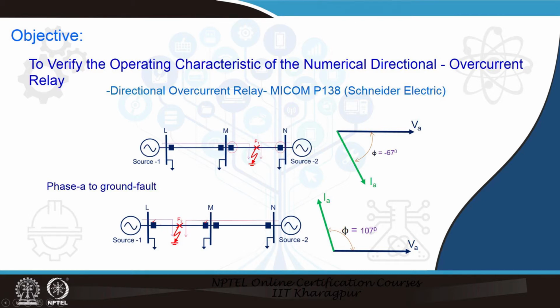Therefore, we clearly see that there is a reversal of current which will be observed by the relay at bus M. So, if this is the forward looking current, then the reverse current will be the reversing of this current.